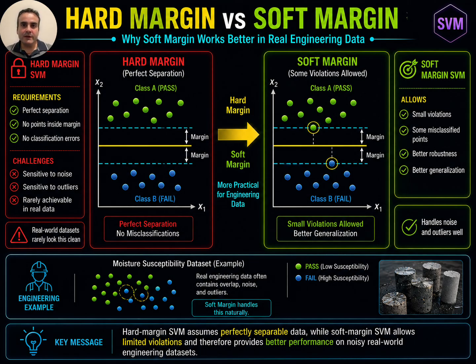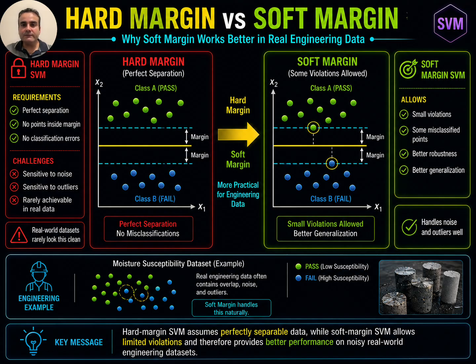This slide compares two versions of SVM. Hard margin SVM assumes that the two classes can be perfectly separated without any errors. While this works well for ideal datasets, real engineering datasets rarely satisfy this assumption, because in engineering datasets we usually deal with noise, measurement errors, and outliers.